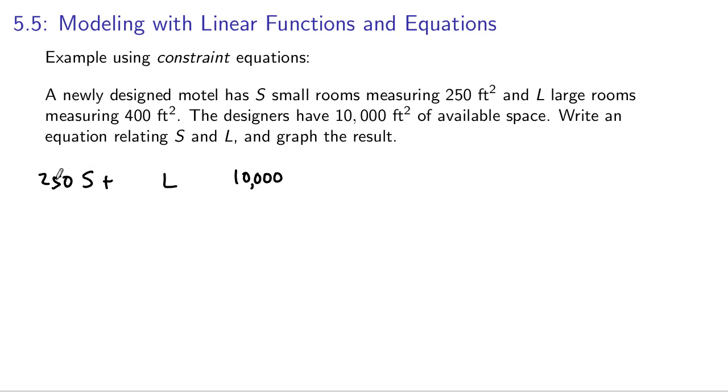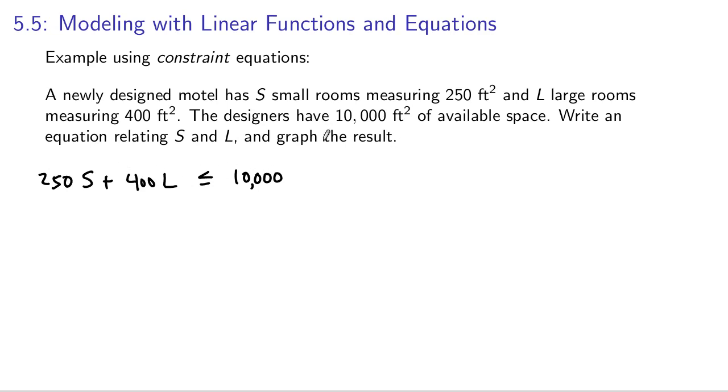So the number of small rooms times 250 will be the square footage that we use for small rooms. And the large rooms take 400 square feet. So 400 times L will be the space it takes for the large rooms. Adding them together gives us our total space, which has to be less than or equal to 10,000 for us to have a valid design.